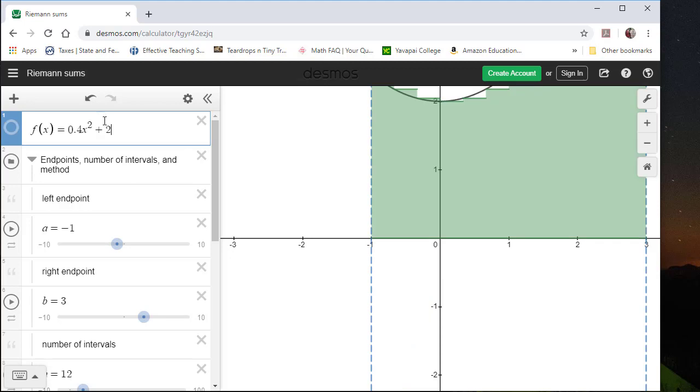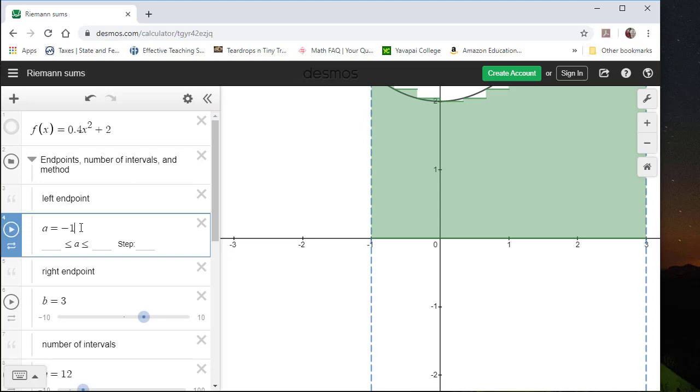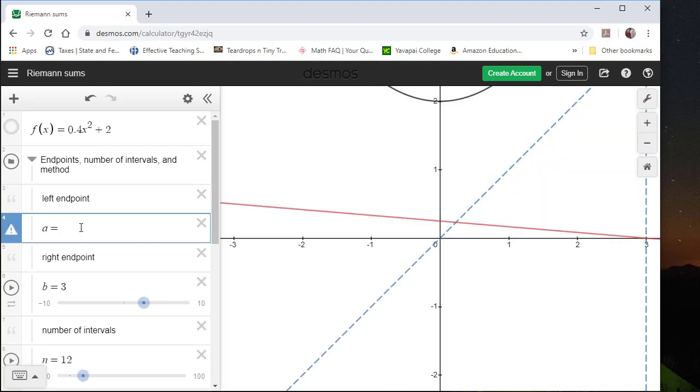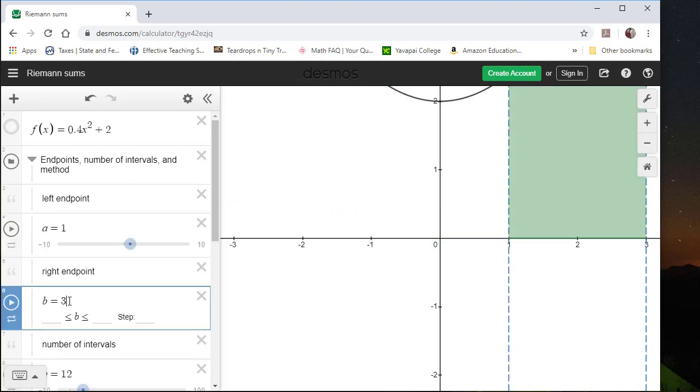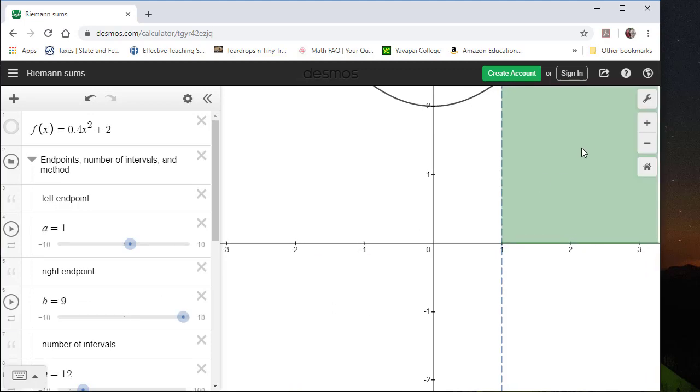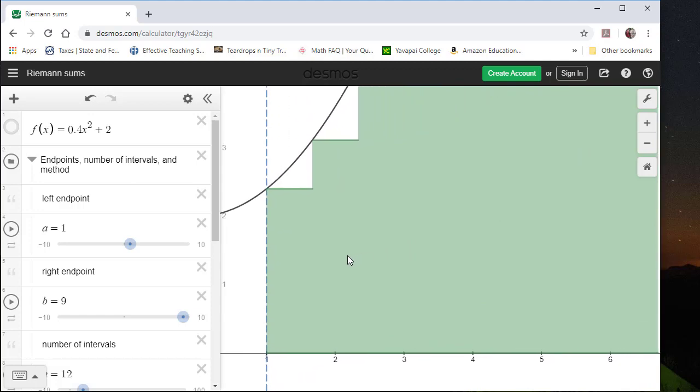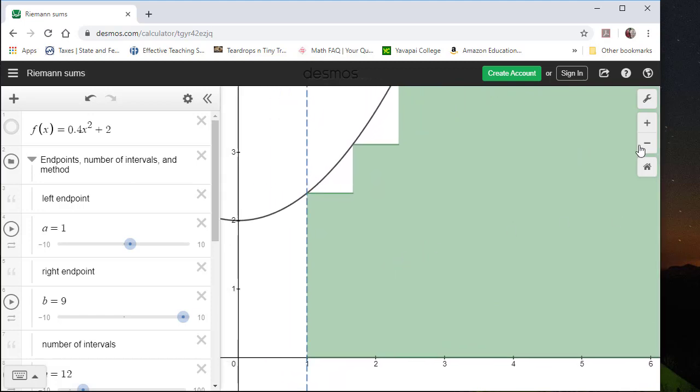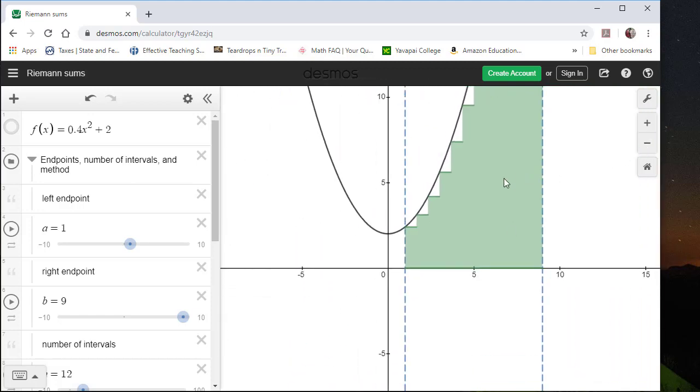That's what we were using before. Now, we're going to be going from 1 to 9, and so the A and the B tell you what the limits of your area are. So we're going from 1 to 9.